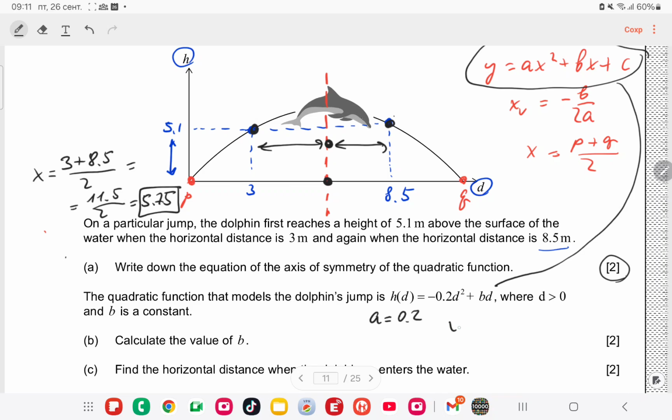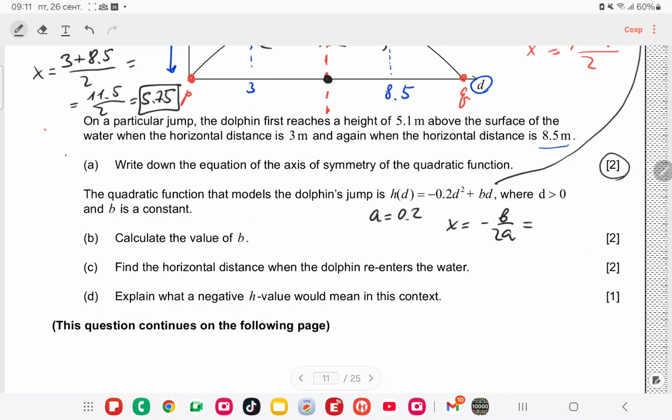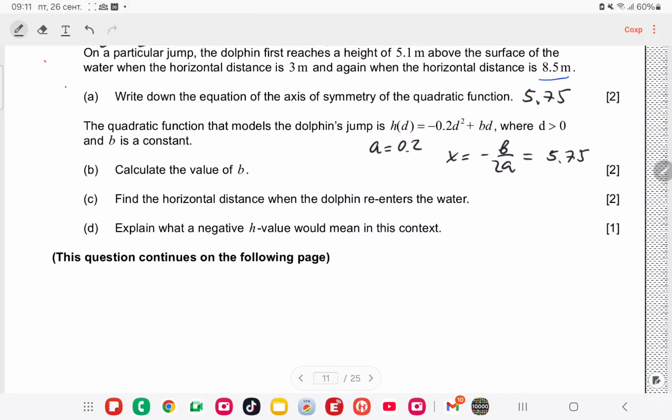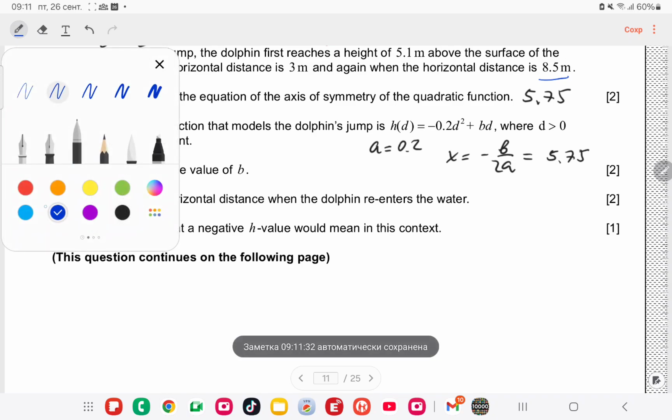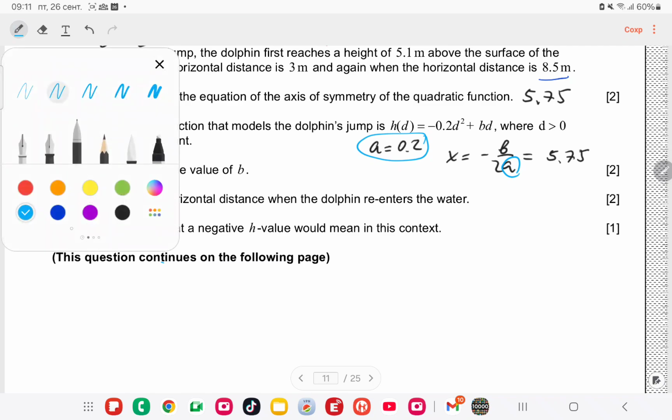The axis of symmetry equals minus b over 2a, and from part 1, we know that the axis of symmetry is 5.75. Now everything is given, so we can plug in.